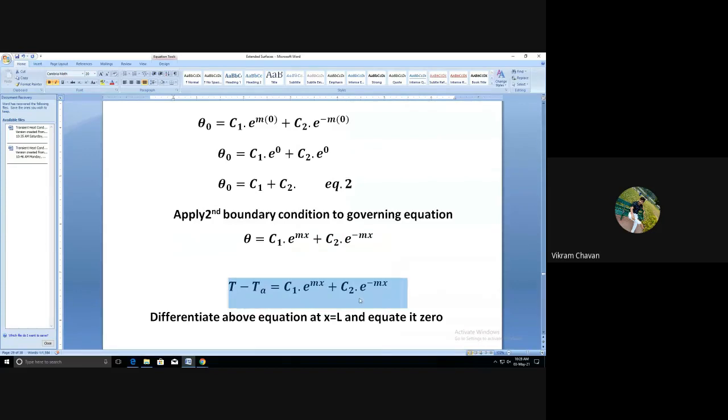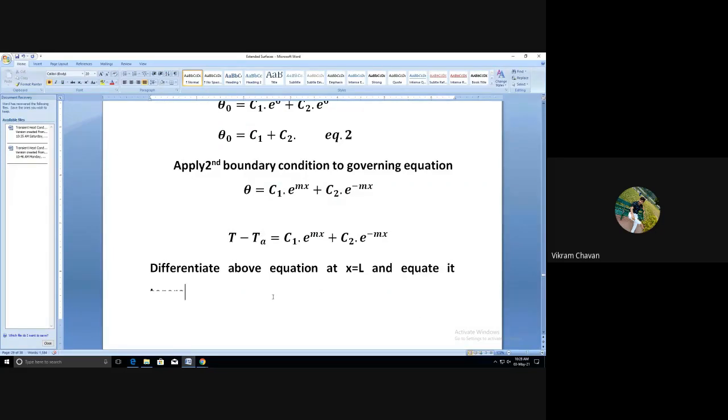Then write down, next differentiate the above equation at x equal to L, and equate it to 0.